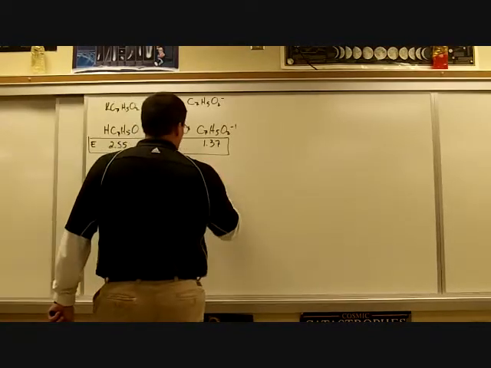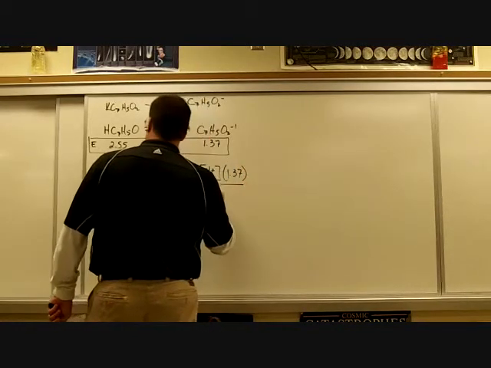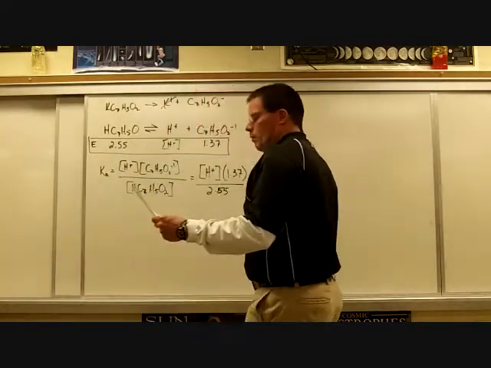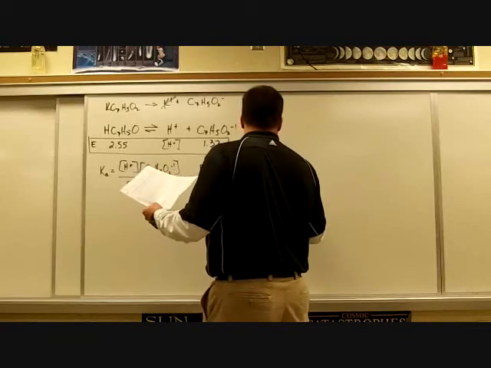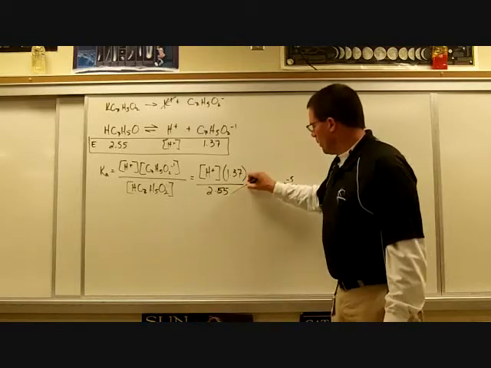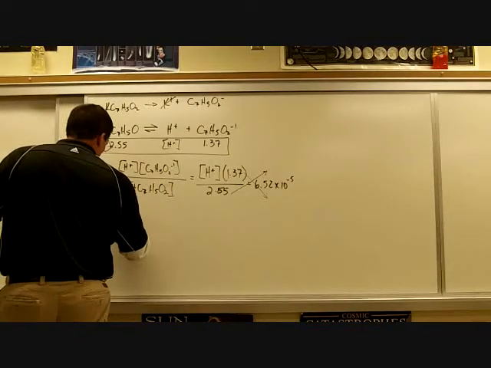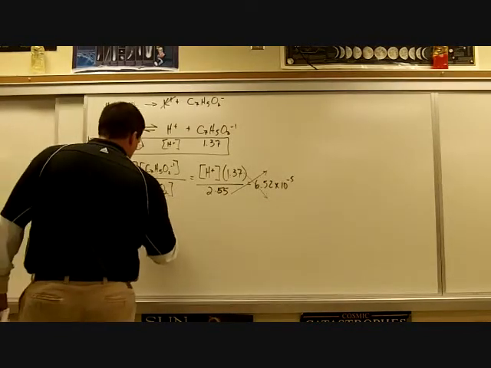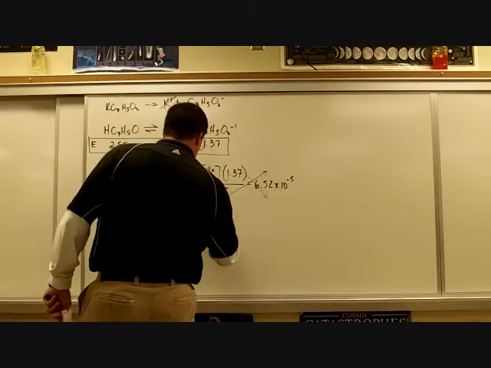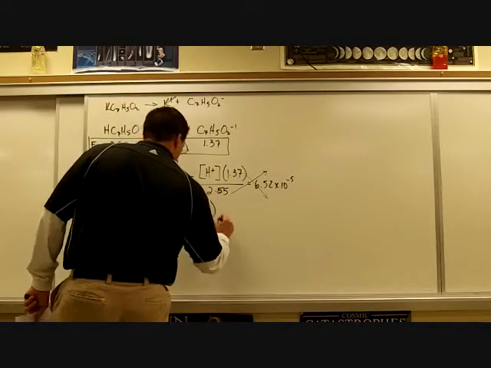So we're looking for the hydrogen concentration. We have 1.37. That's equal to 6.52 times 10 to the negative 5. Okay, so we're going to bring those up, bring that down. So our hydrogen concentration is 6.52 times 10 to the negative 5, and 1.37.